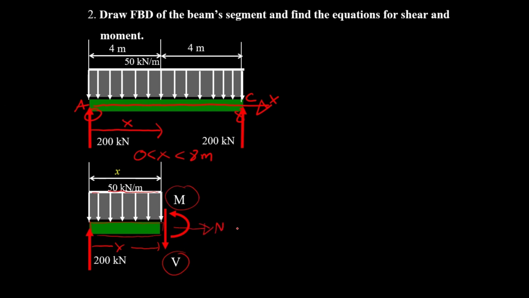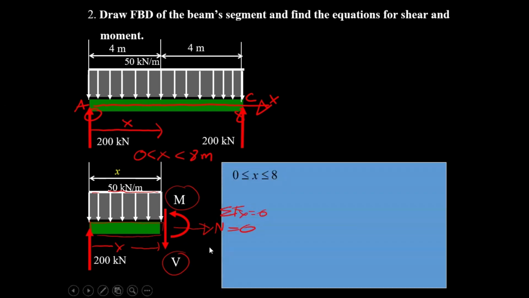We don't have axial force because the summation of F sub x equals 0, so N is going to be 0. Still the coordinate is 0 less than x, x less than 8 meter, just from here up until here. Actually, you should not have the equal sign here.